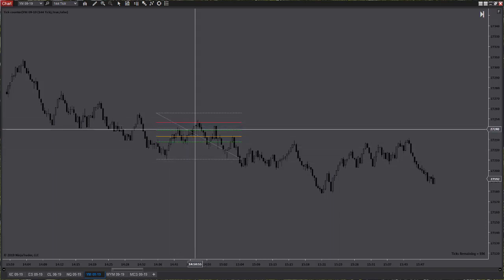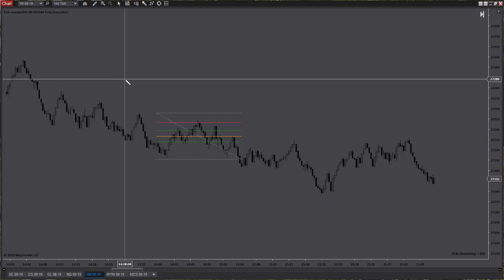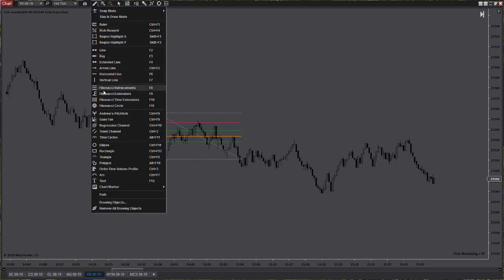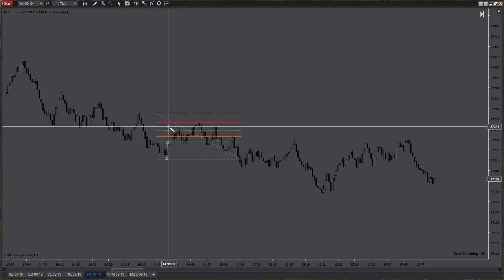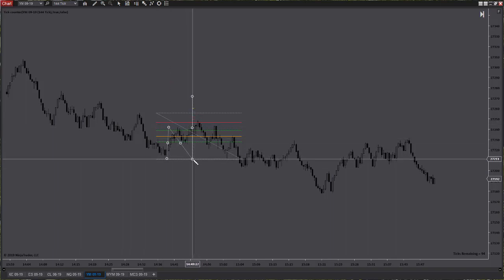Now let me ask you a question. Once you're in a complex correction, could you use that 127 extension to help you find out where you are likely to possibly have a good risk reward immediate order flow exhaustion area to engage? Oops. All right, we'll fix that here.